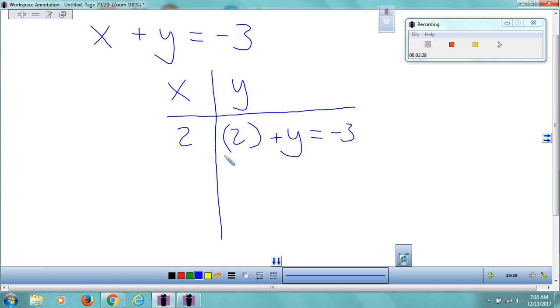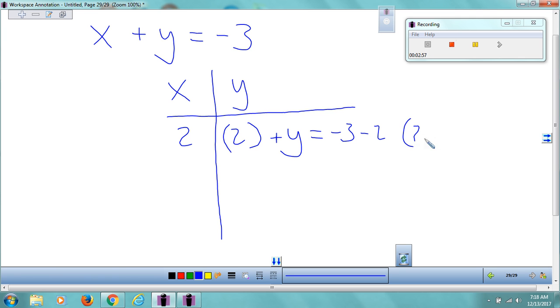And so we go ahead and do the math here. To get y by itself, we're going to move this 2 over with the negative 3. How do we move it? We subtract 2 from both sides. So you get negative 3 minus 2, which is negative 5.